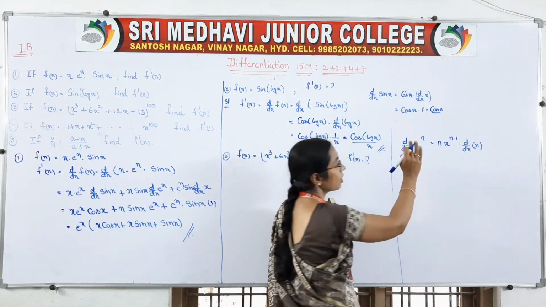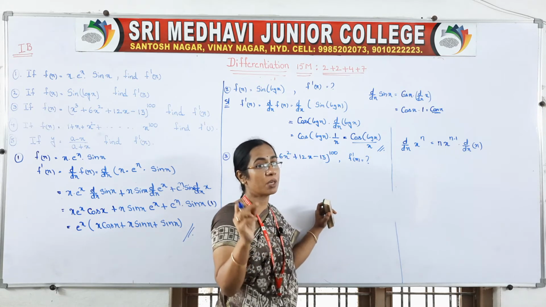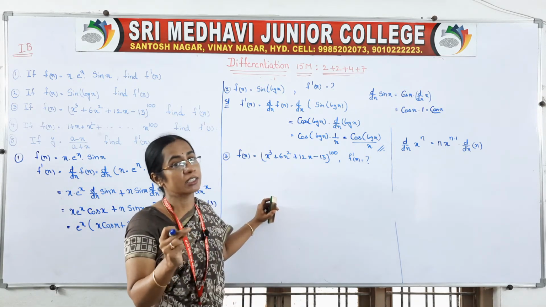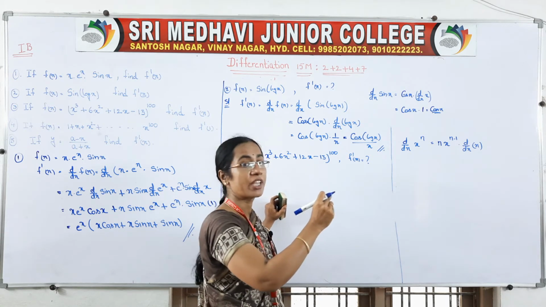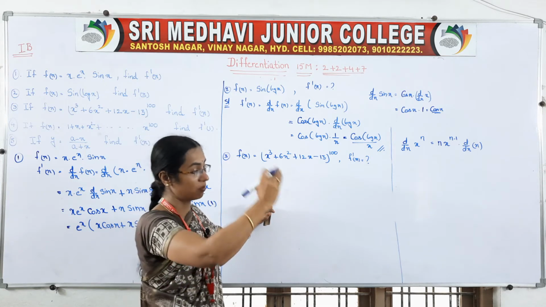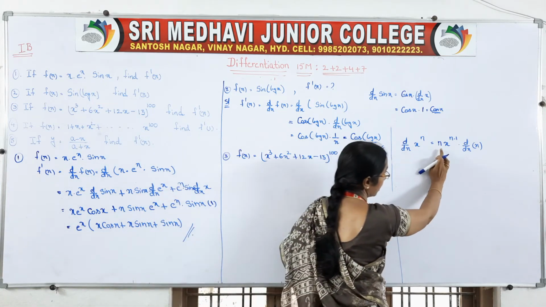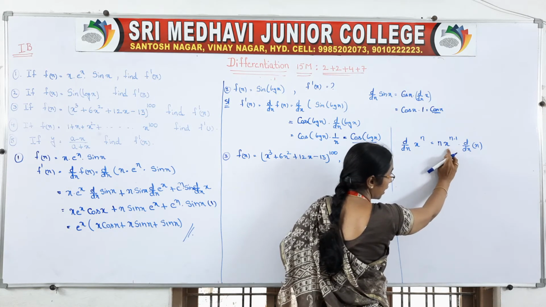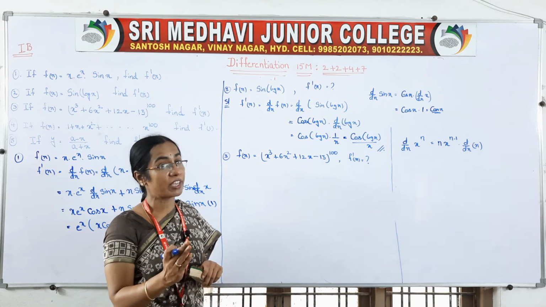Don't consider that always it will be x. Instead of x we can have any variable. Please pick the logic, right? If we want to find the derivative of a variable having power, then we have to take n into variable to the power of n minus 1 into d by dx of that variable.